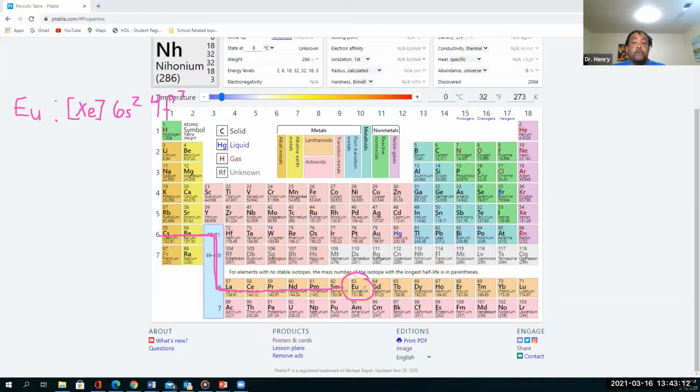You're never going to have more than what it can hold, right? So you'll never have more than how many electrons can be held in the F subshell? 14. That is correct.